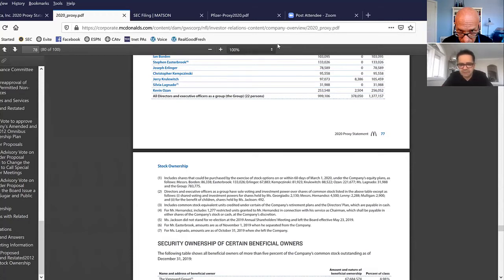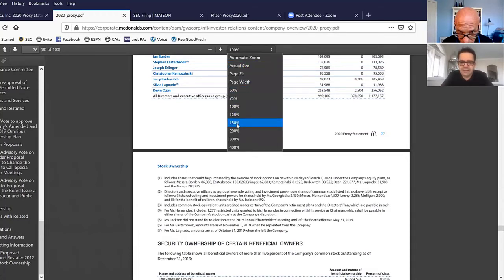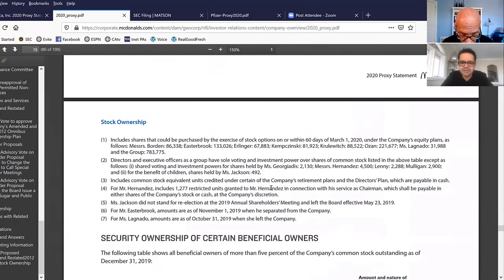But unfortunately, what you'll have, at least in my experience, is extremely detailed footnotes that have multiple sentences describing X number of shares are directly owned, Y number of shares are indirectly owned by the executive's significant other, or a family member who lives in the household. A certain number of shares underlie options that are exercisable within 60 days.